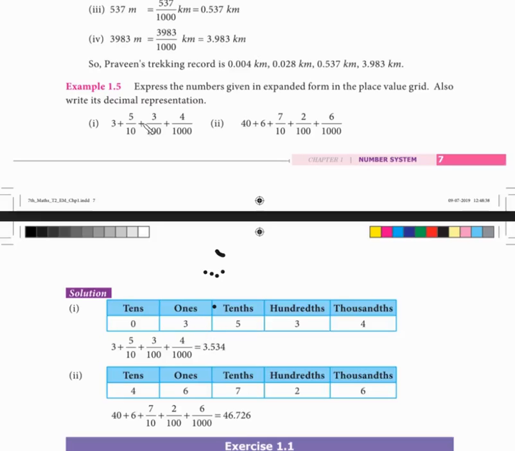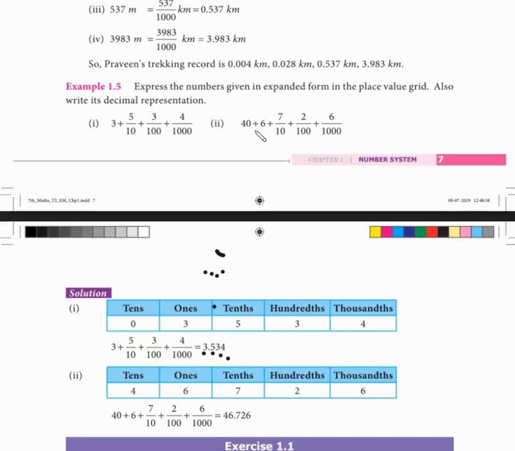Then 5 by 10, 5 tenths, this is the number 3.534, so 5 tenths, 3 hundredths, 4 thousandths. Yes children, right?